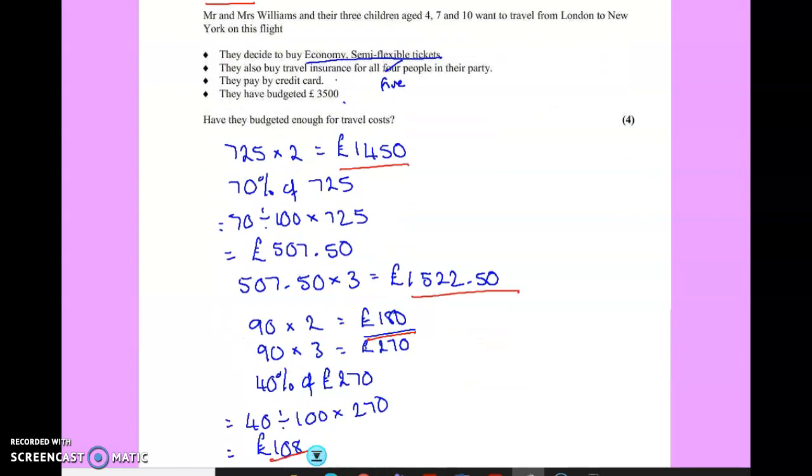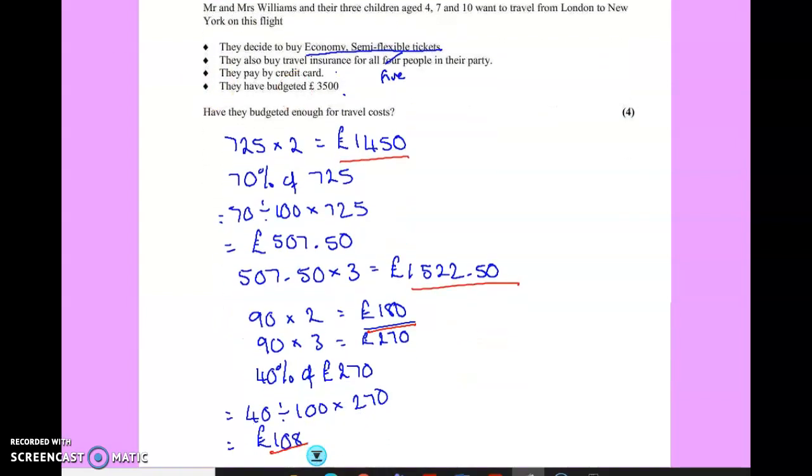Okay, so let's find out how much all this is going to cost us. Not a bad trip to New York, is it? Right, so we've got 1,450, add 1,522.50, add 180, add 108, add 6.